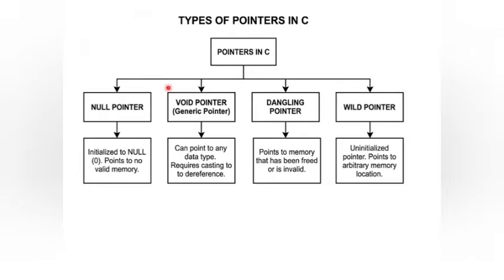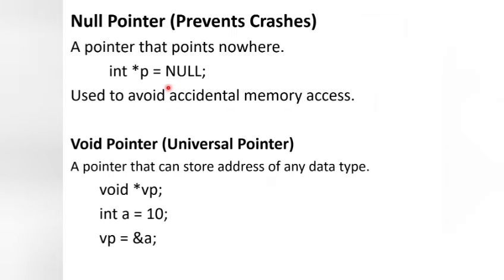The next type is the void pointer. A void pointer is a special type of pointer which is used for referring to any type. For example, if you declare an integer pointer, you must refer to an integer variable. If you have a float pointer, we must refer only to a float variable.